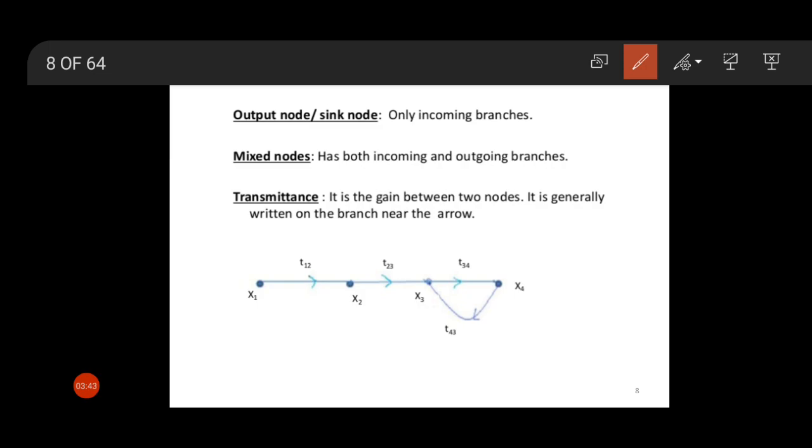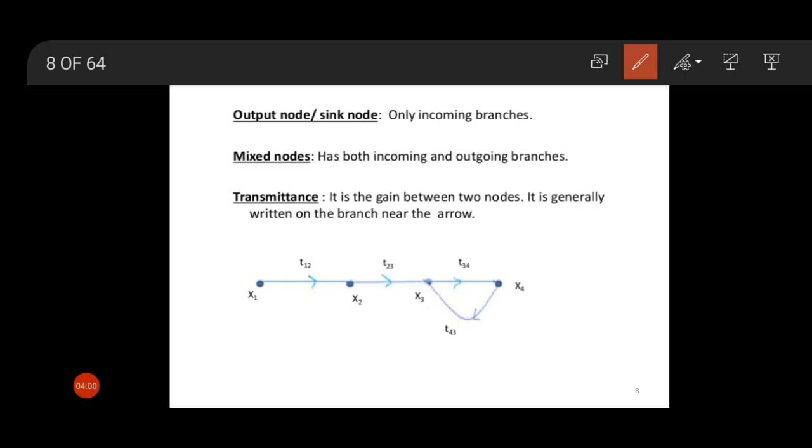The next term is transmittance. So what is transmittance? Transmittance is the gain between 2 nodes. It is generally written on the branch near the arrow.